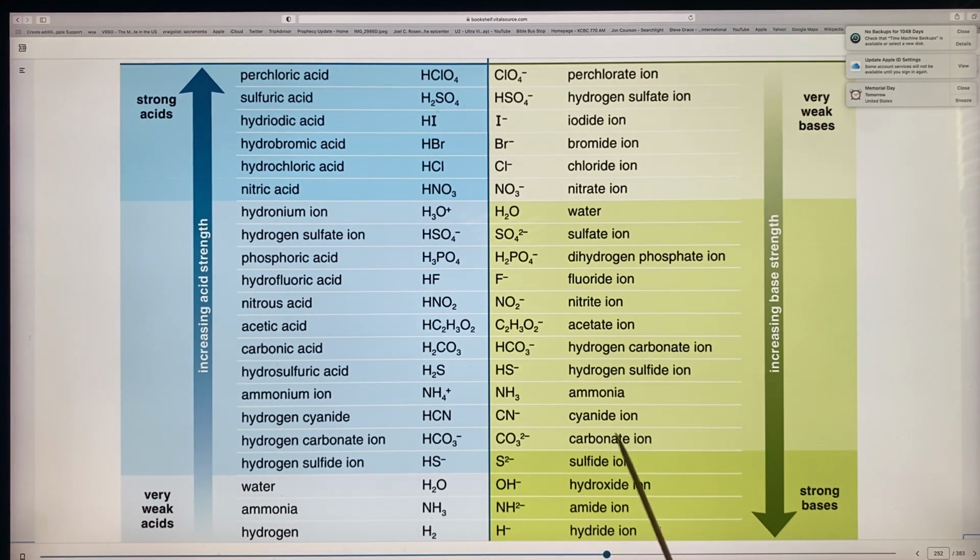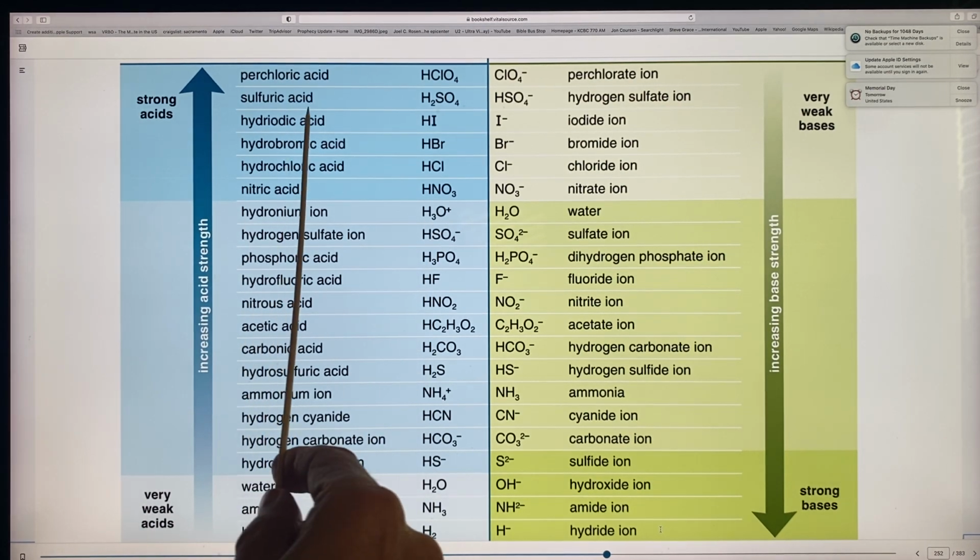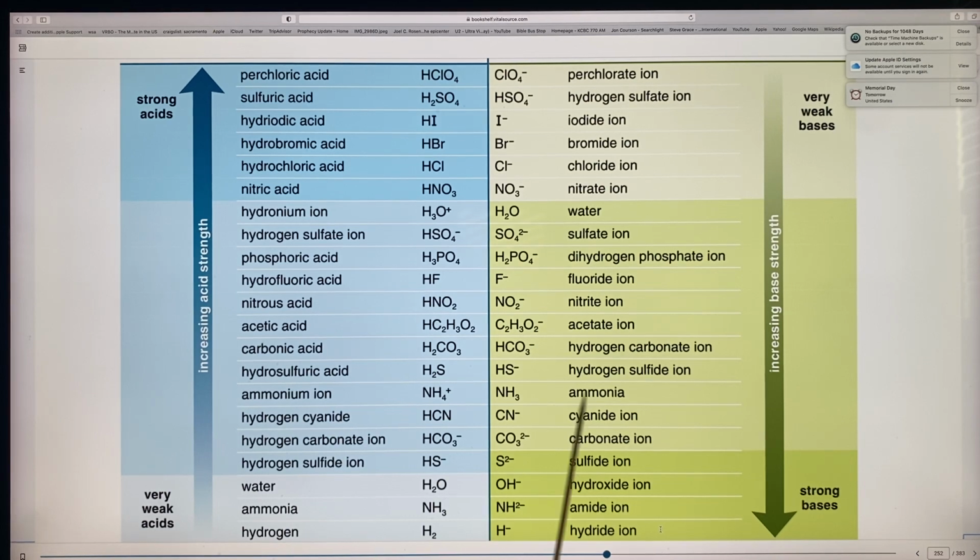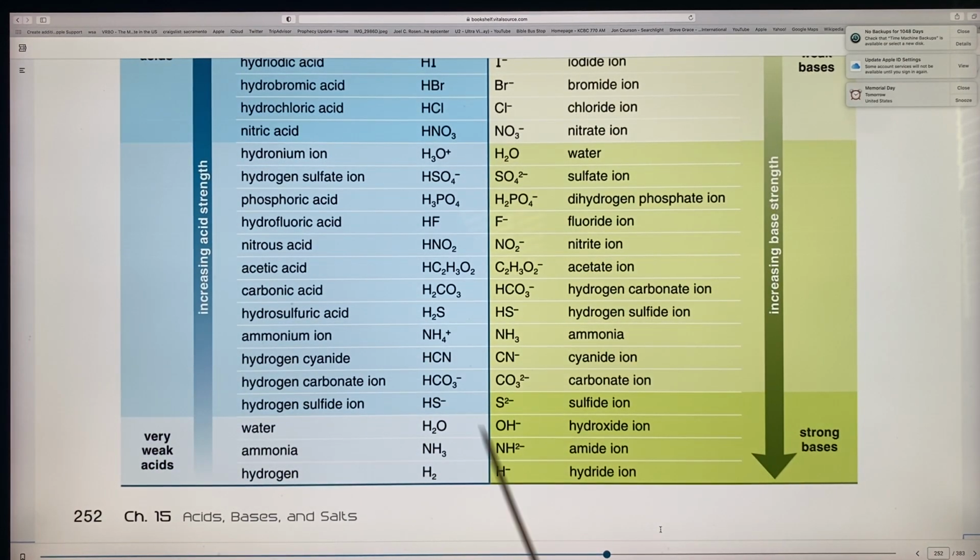You can look at this and find out, oh, this one looks pretty strong. Acetic acid looks like it's about medium. Nitric acid looks very strong. Sulfuric acid too, so on here you can tell. And down here you have very strong bases, like hydride, sulfide, cyanide.